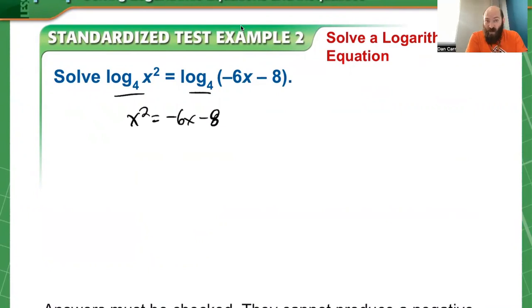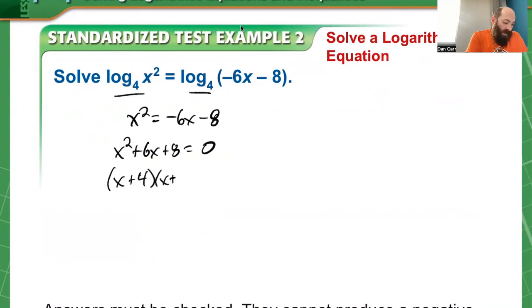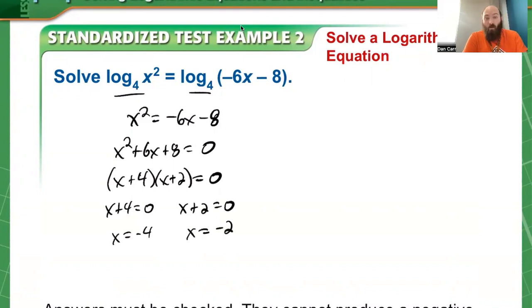I'm going to choose to do this through factoring, but first I have to get it equal to 0. So x squared plus 6x plus 8 equals 0. Then I can factor it: x plus 4, x plus 2. I solve those out: x plus 4 equals 0, x plus 2 equals 0. So x equals -4, x equals -2.